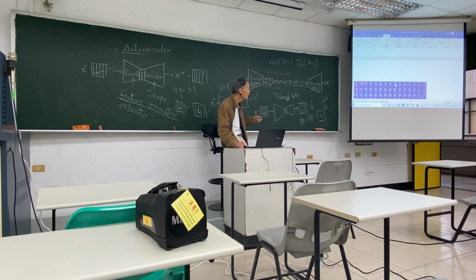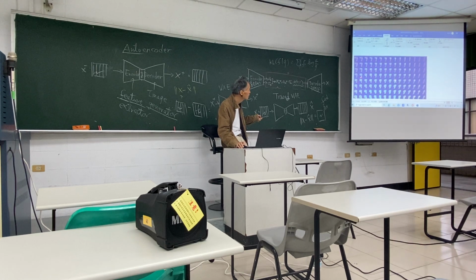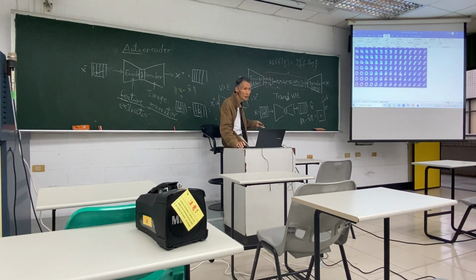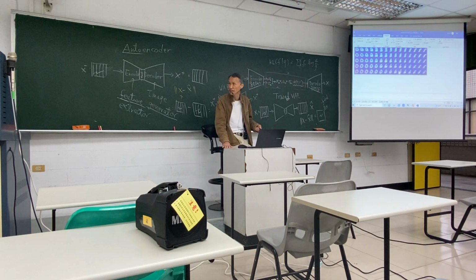You will rotate from left to right and change from 7 to 9 or to 0 or something. That's what we can do with the latent variable, which cannot be done with CAE.